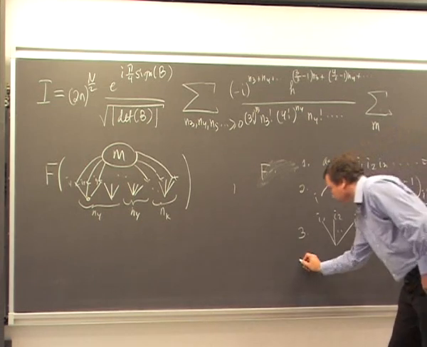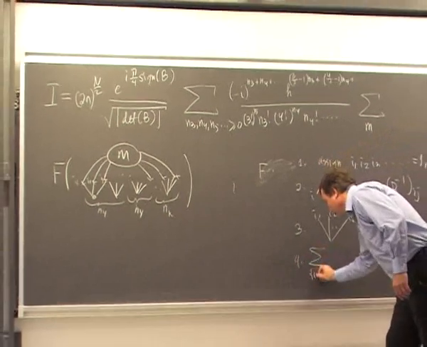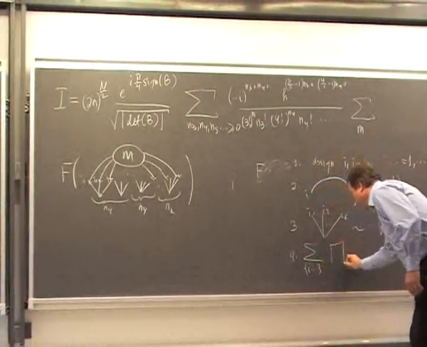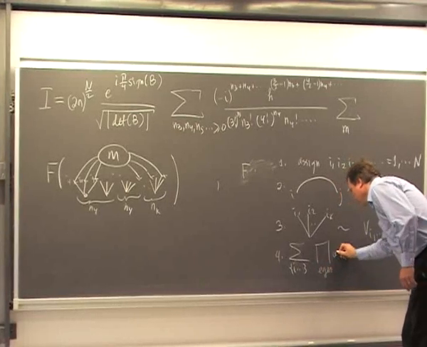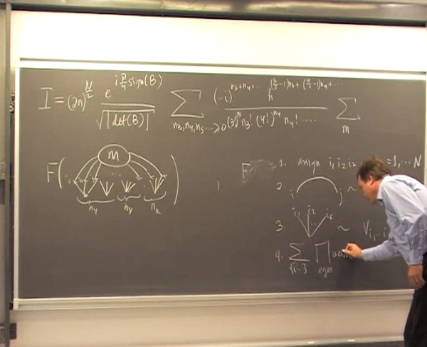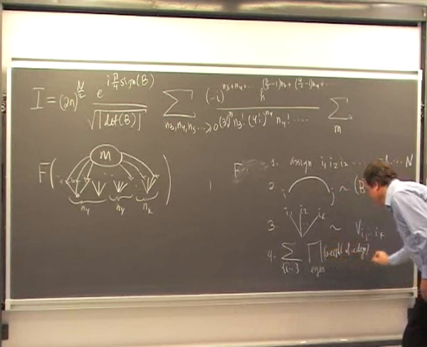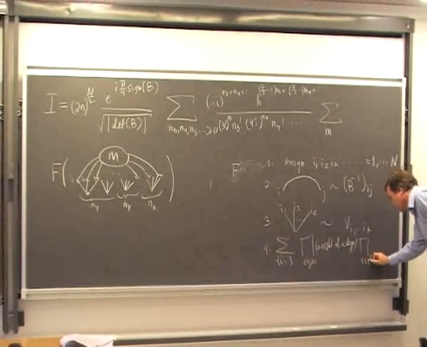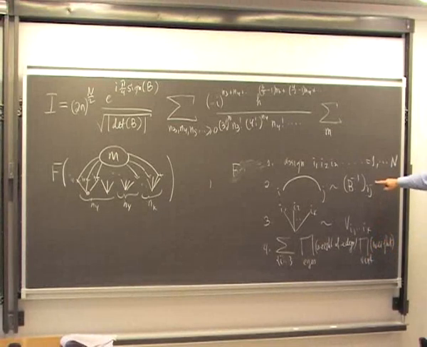Then take the sum over all i's of the product over edges of the weight of the edge, and the product over vertices of the weight of the vertex.